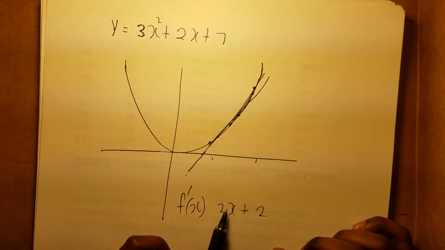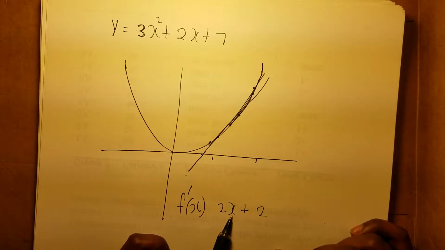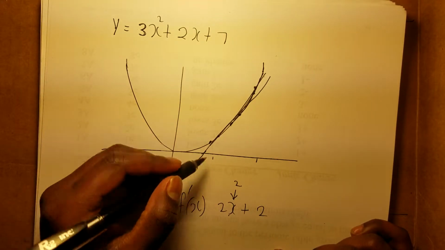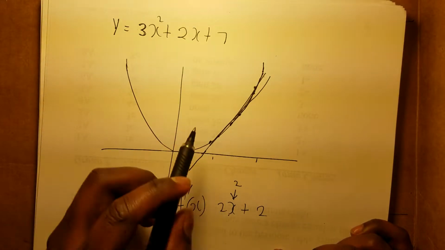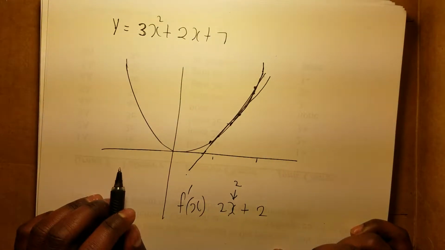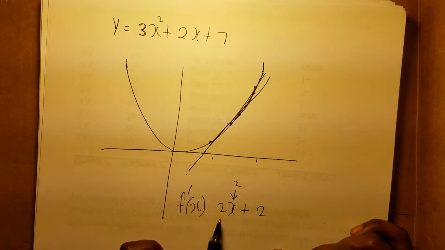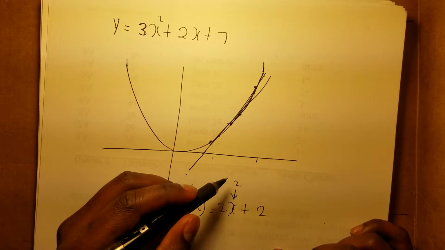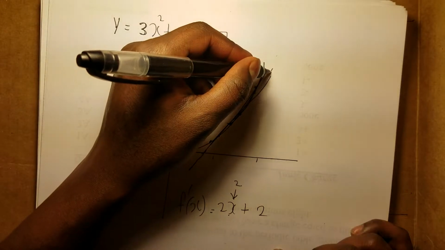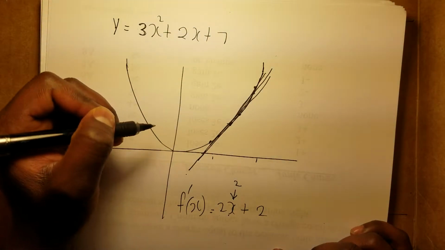So what you can do is plug any value of x into this function, and you'll find the limit at any point on the graph, right? That gives you the slope at that point of the graph.